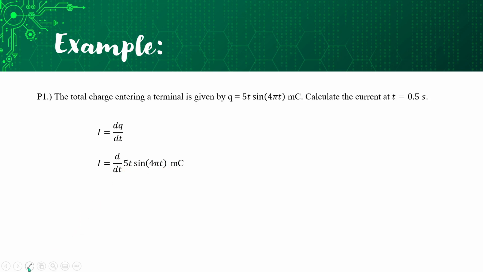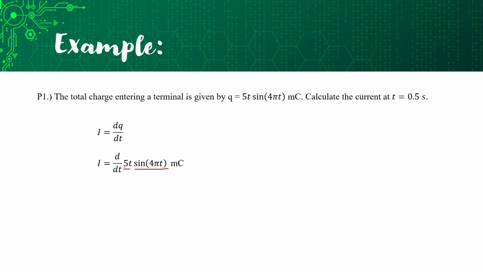So wait, I'm going to change the pen. So, the derivative of this equation. Now I'm going to assume that you already know the basic rules of deriving the equation. Since we have two variables in this equation, it means we use the product rule. So how to use the product rule?